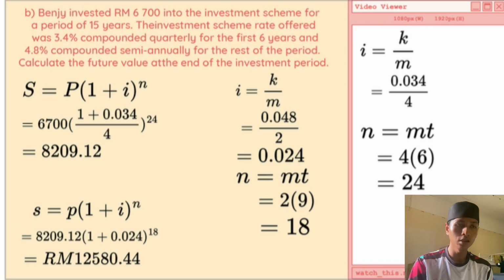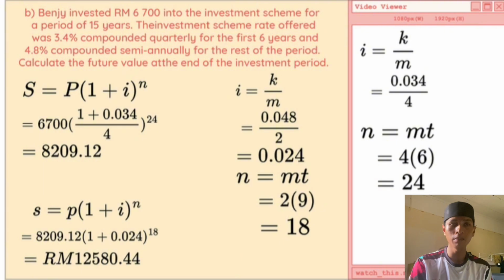Then S equals P (1 plus i) to the power n, which is 8,209.12 (1 plus 0.024) to the power 18. The answer is RM 20,518.44.